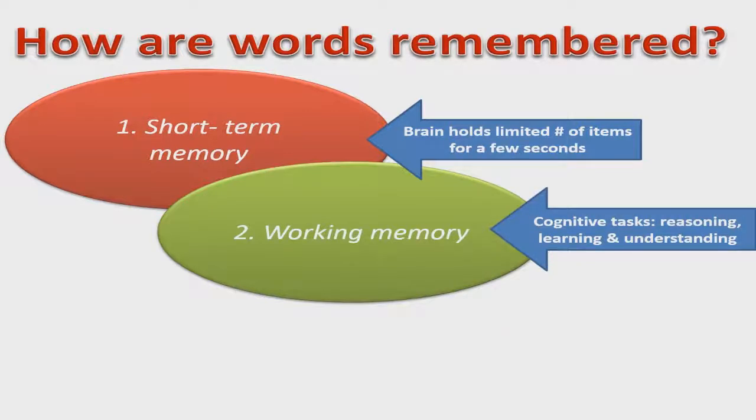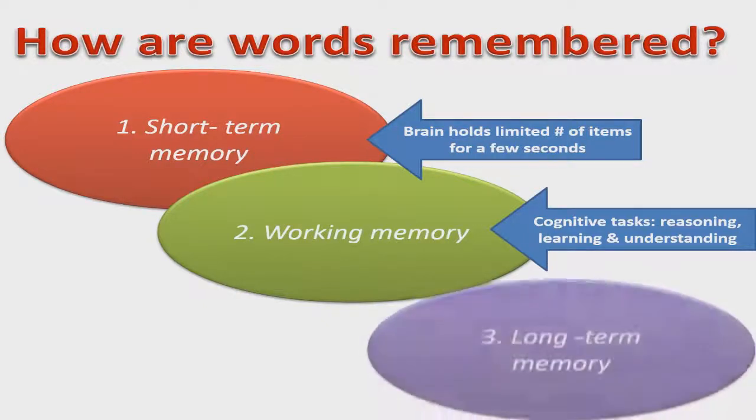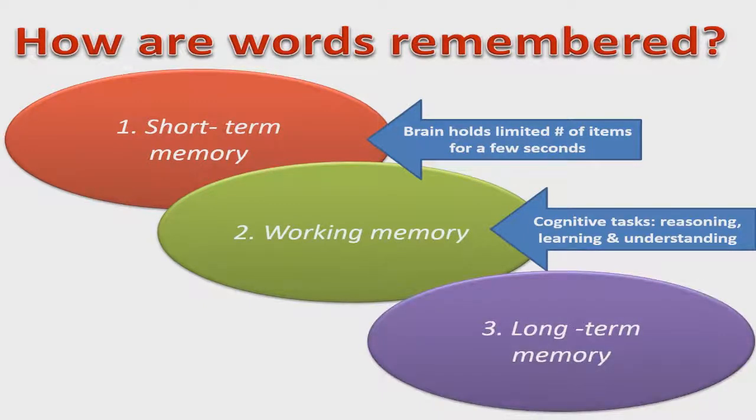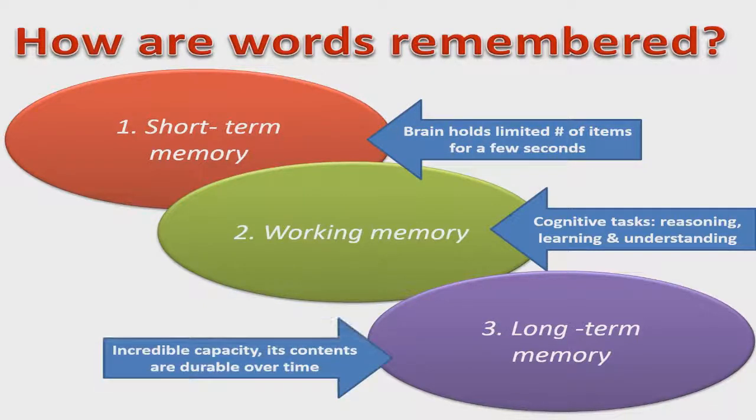And then, long-term memory. Unlike working memory, it has an incredible capacity and its contents are durable over time. However, it has been proved that this memory does not always work as people would like it to. For example, students can remember new vocabulary in one lesson, but in the following one, they do not remember anything.